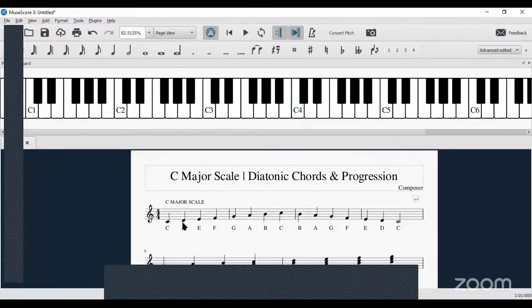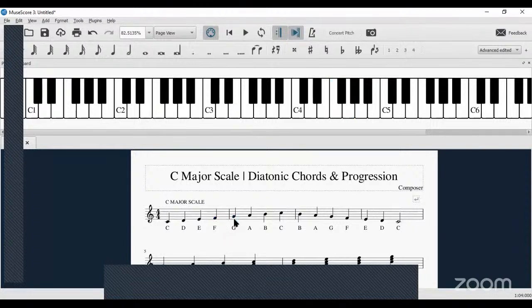From D to E, that's another whole step. From E to F, now this is a half step. From F to G, this is a whole step.